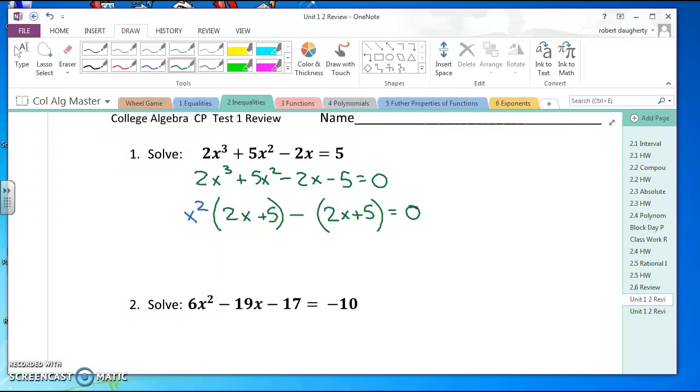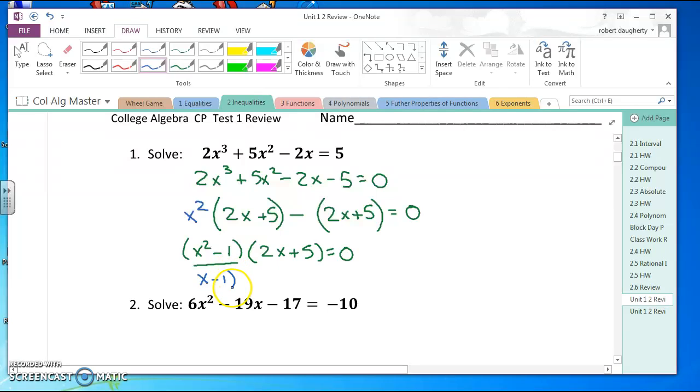So everything is good. Now I look at what I have that's grouped that can factor out the 2x plus 5. So I'm left with x squared minus 1 times 2x plus 5 equals 0. Now the x squared minus 1, that's the difference of 2 squares. So this is x minus 1, x plus 1, 2x plus 5 equals 0.